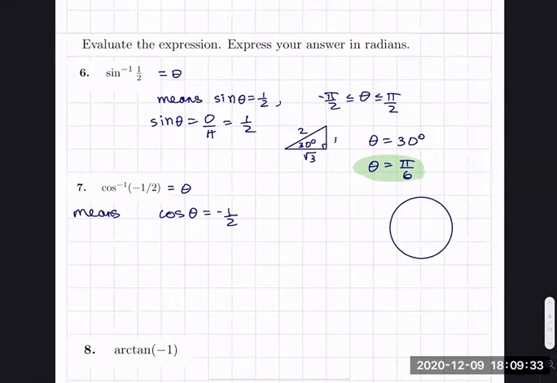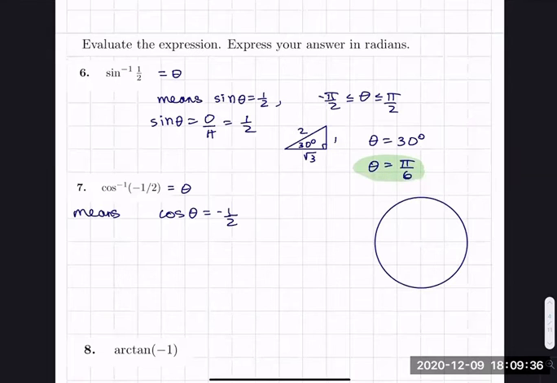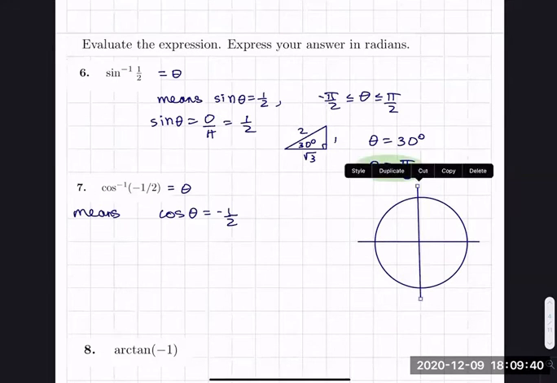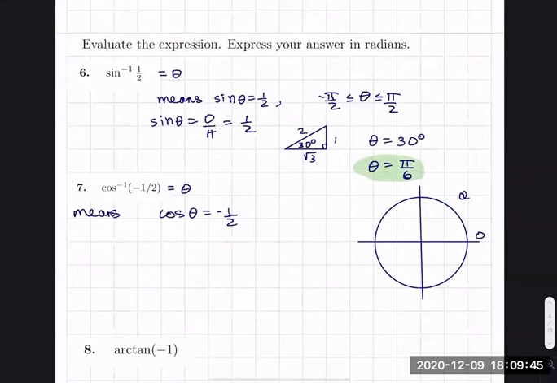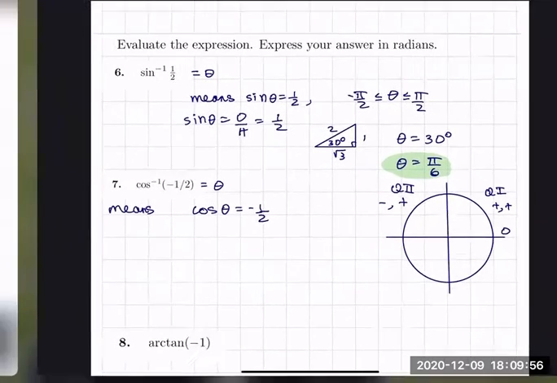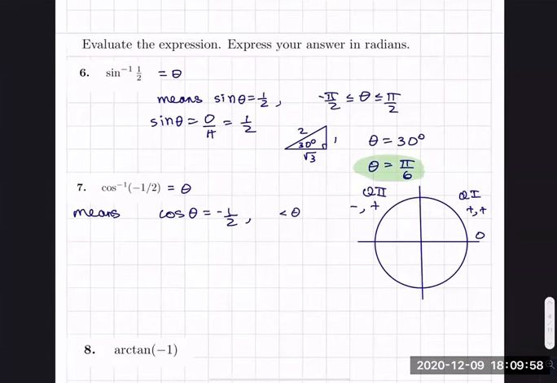If you wanted to draw a picture, here's 0, and in quadrant 1, both x and y are positive, but in quadrant 2, x is negative and y is positive. X is cosine. Now, I'm looking for one answer, and my answer is going to be between 0 and pi. That's how cosine inverse works. If it's degrees, it's between 0 and 180 degrees.